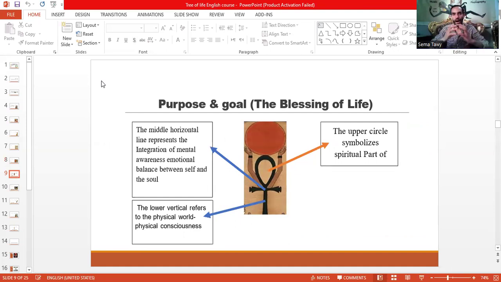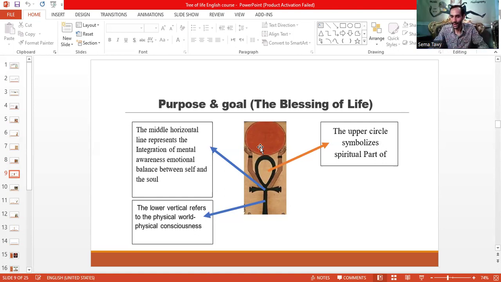When you unify, when you merge, when you connect, when you are able to make balance between your spiritual and physical needs, your soul will be shiny. Look at the key of life and the upper part at the top of the hand, the sun disk. The sun disk here represents your soul, your spirit.